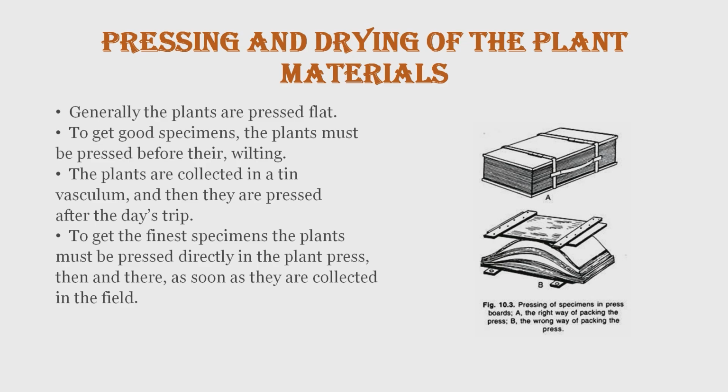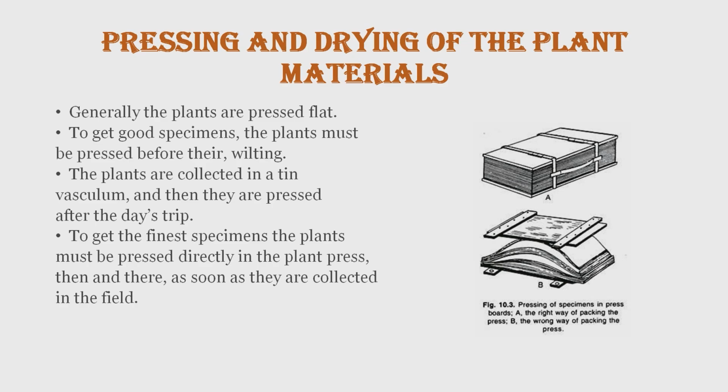Okay. So generally the plant should be pressed flat. To get good specimens, the plant must be pressed before wilting. So once you collect it, you can go to your place of stay and immediately that evening you can press them. Plants with compound leaves or small leaflets normally wither very easily, in that case you can preserve them in the tin vasculum, and after the trip you can come back to your room and press them.